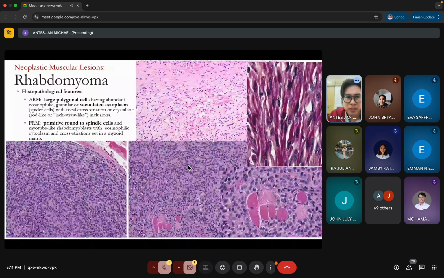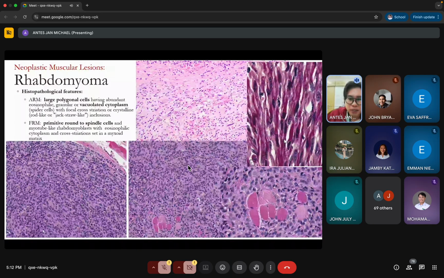These are not quite seen generally in FRM, but you can see that the tumor cells have this tendency to differentiate, but then the differentiation would turn out to become like strap cells instead. They're not functional.